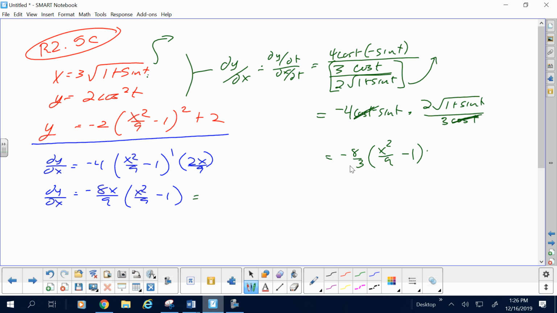X over 3. Well, isn't that then, if I combine the negative 8/3 with the x over 3, isn't that negative 8x over 9 times x squared over 9 minus 1, which is what? Looks like dy dx is. Yeah, they have to. It's true.